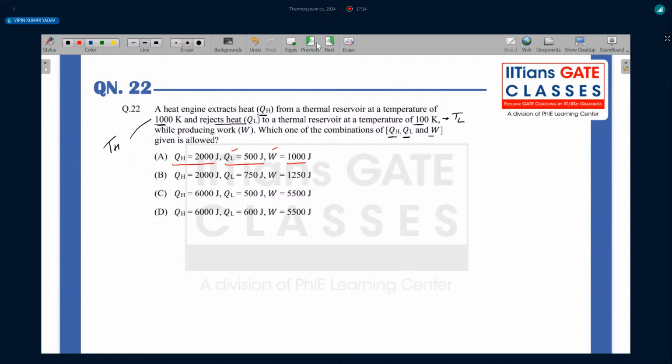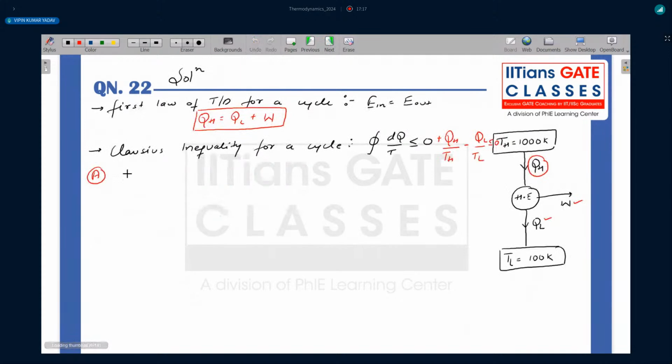So 2000, which is QH, is equal to QL, 500, plus W, 1000. Is it equal? No. That means your first law is not valid, so this is an invalid condition. So the first option is not correct anyway.